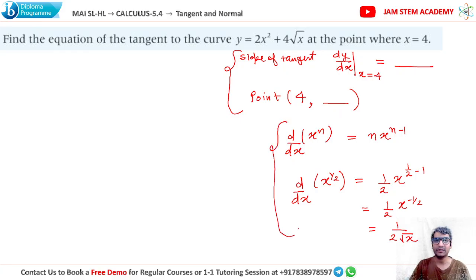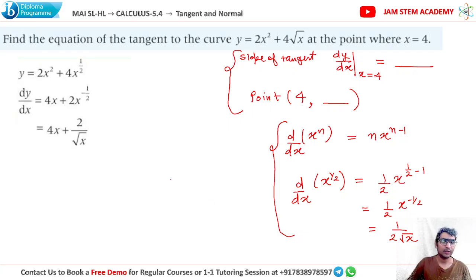Okay, now let's find the equation of the tangent line. So given curve is what? y is equal to 2x square plus 4x raised to the power 1 by 2. Now we can use the derivative function, right? We get derivative of 2x square is 4x, and the derivative of this is coming out as 2 over root x. Okay.